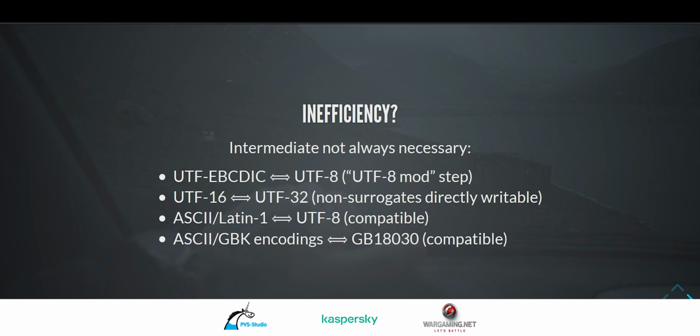So you can have some very nice and slick shortcuts converting between GBK and GB 18030. Again, why would you waste your time round tripping through some common code point when you can just go direct? And this is what I mean by the inefficiency that's present in these libraries that we have.